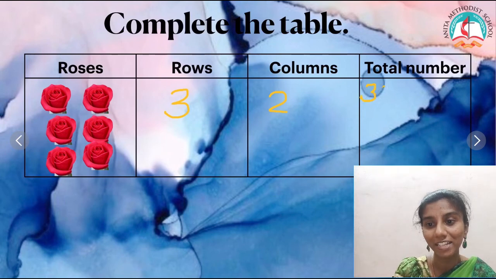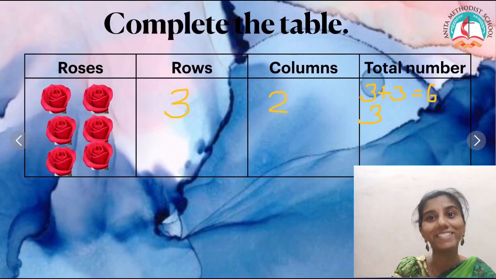That's good. 3 plus 3 equal to 6. Otherwise, that's good, children. 3. What is the symbol? Into. How many columns are there? 2. So 3 into 2 equal to 6.